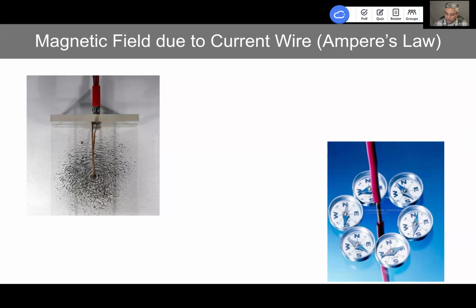And here is one such example. When we say current, it is basically flow of charges. We know that. So for example, let's say you pass current through a wire and you put a compass. What happens? The compass tries to align itself with the direction of the magnetic field.